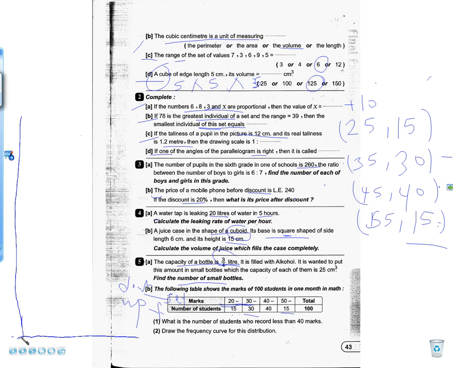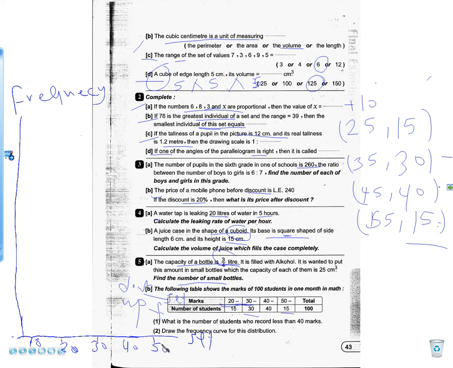Down is sets and up is frequency. Sets is down, if I start with 10, 20, 30, 40, 50, and so on.